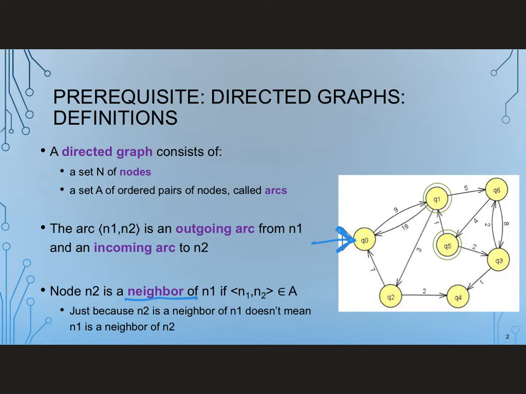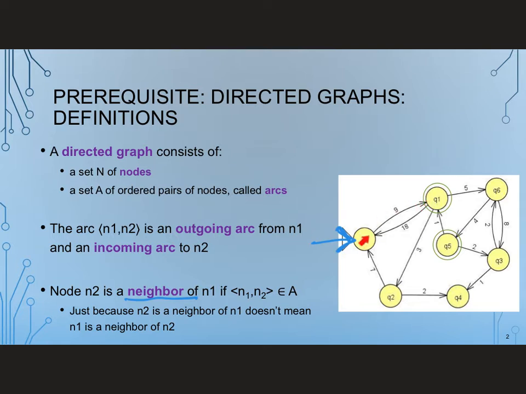So for example, let's look here. Q5 is a neighbor of Q6 because there is an arc from Q6 down to Q5, but Q6 is not a neighbor of Q5 because there's no direct arc starting at Q5 and going to Q6. So our neighbor arcs go in one direction.